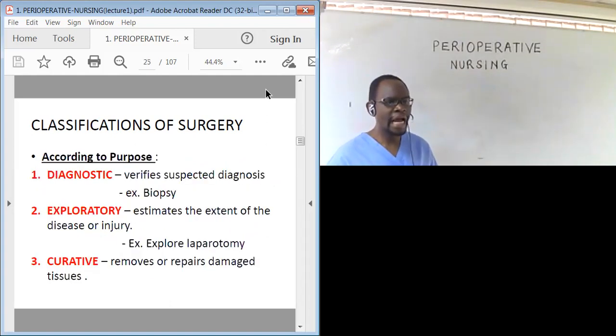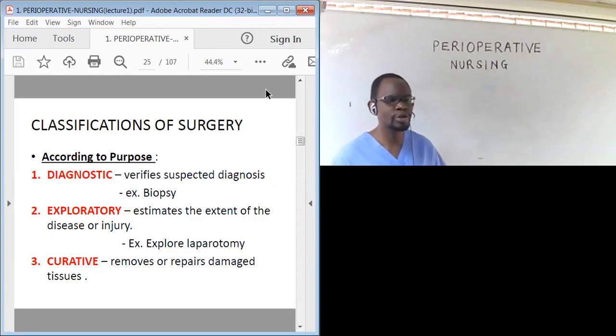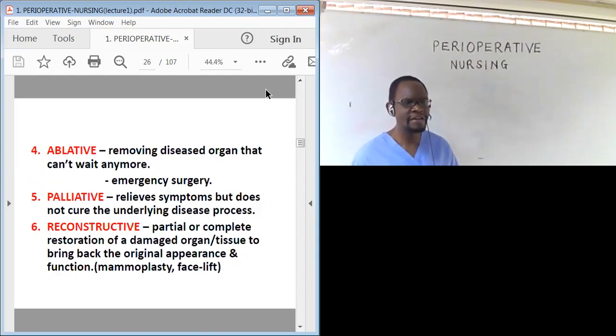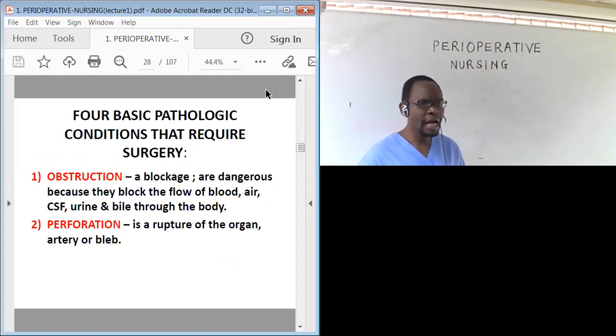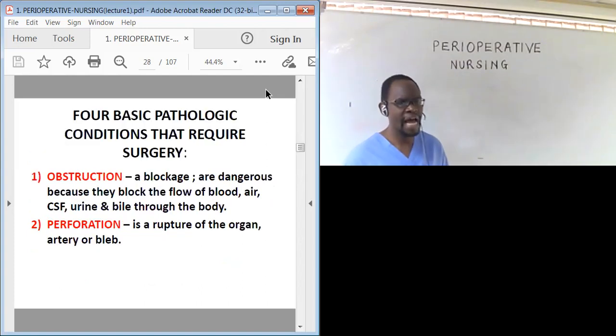It can also be classified according to purpose. Is it diagnostic? Is it exploratory? Is it curative? Is it palliative? Among others. So basically those are the classifications of surgery. It can also be classified according to location. Is it internal or is it external? So we are not going to spend so much time on that.